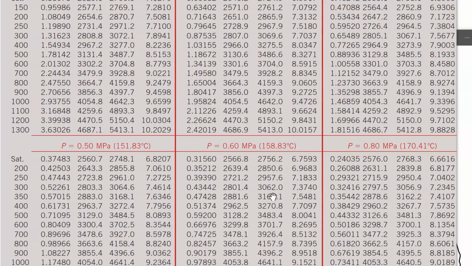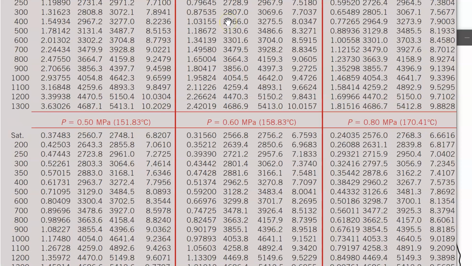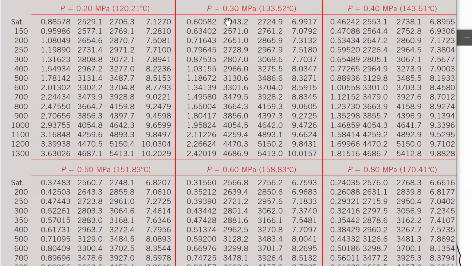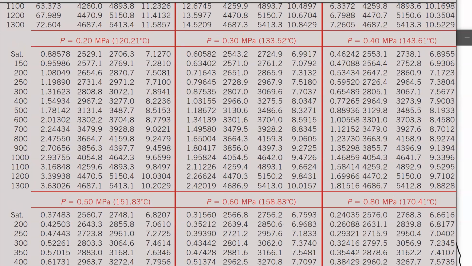And here's the table for 0.8 megapascals. The temperature on the inlet is 400, so we're looking at this column right here. Let me scroll to where I can get that, 400. I'll put it at the bottom so it's easy to see. There we go.